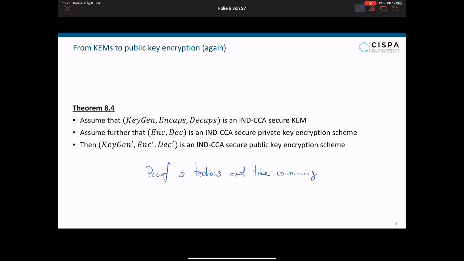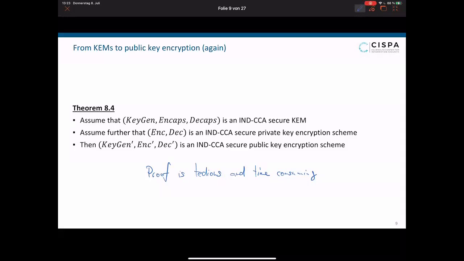You need to distinguish quite a few cases, and I think the learning effect for this proof is not as big, but it essentially mimics the proof that we've sketched last time for CPA security with just the additional challenge of having to simulate the decryption oracle, right?